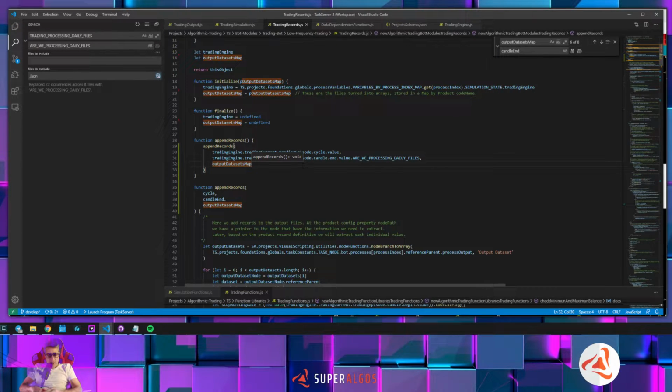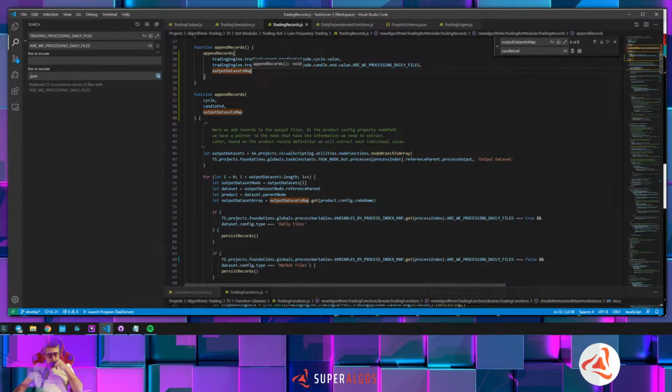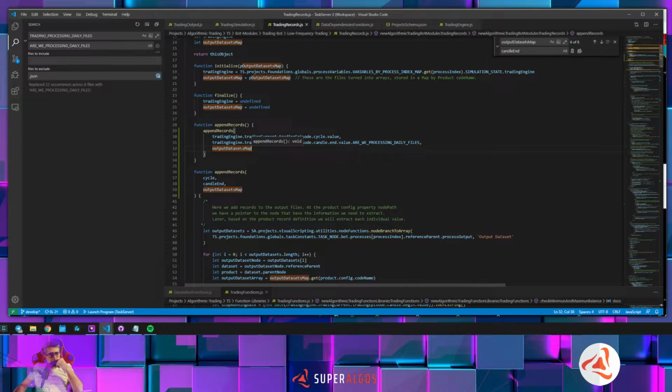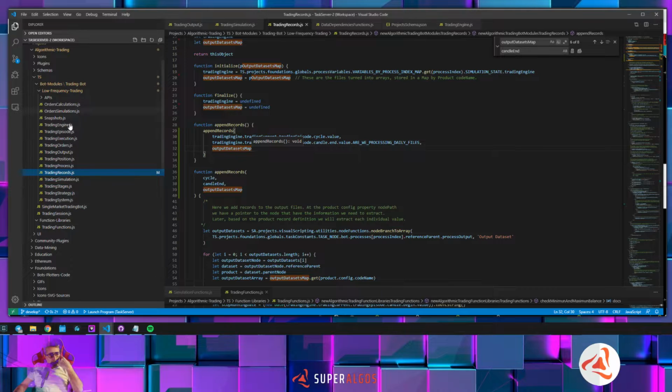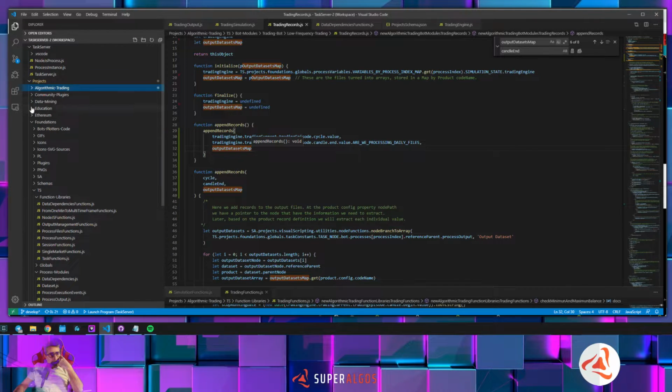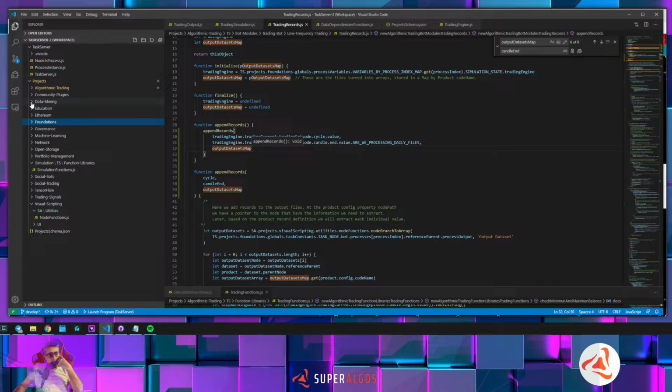So the next thing I'm going to do is create a module to host this function. The question is where. My understanding is that this is related to the data mining project, or maybe the simulation.